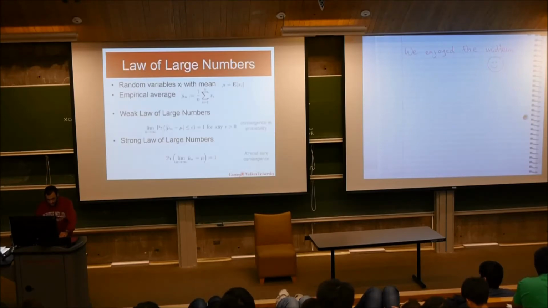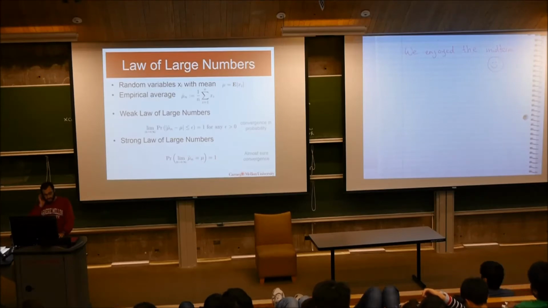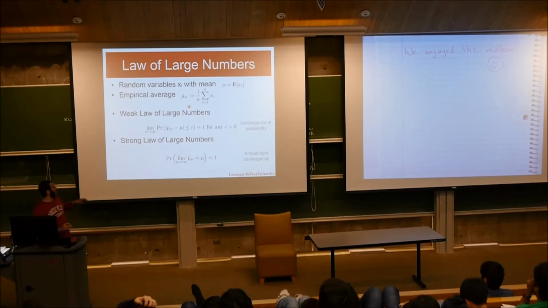So the first convergence result is called the law of large numbers. It basically says if you sample your data from a distribution with mean mu, then the empirical average, denoted by mu n hat, which will be used throughout the presentation, behaves as follows.